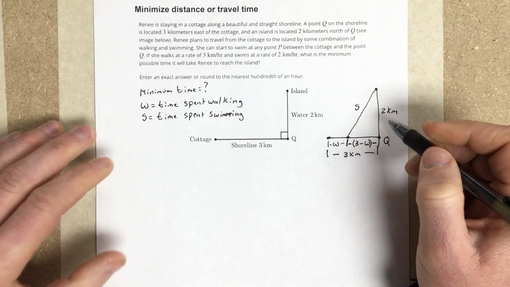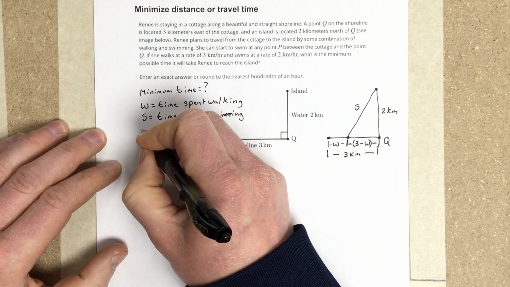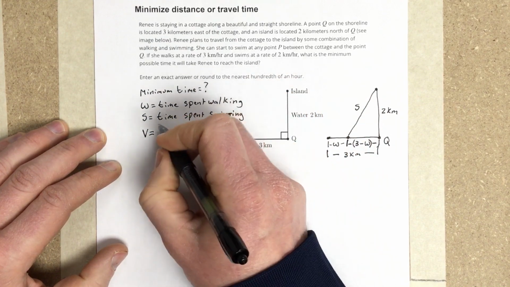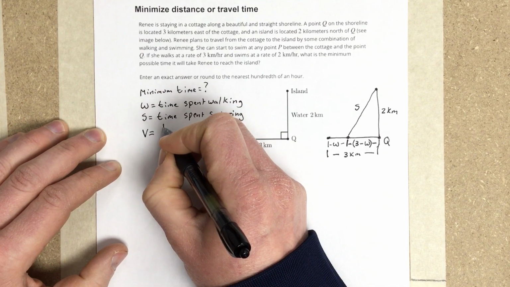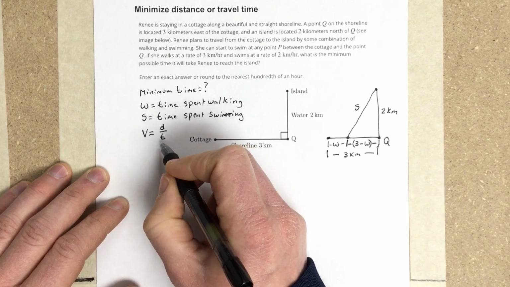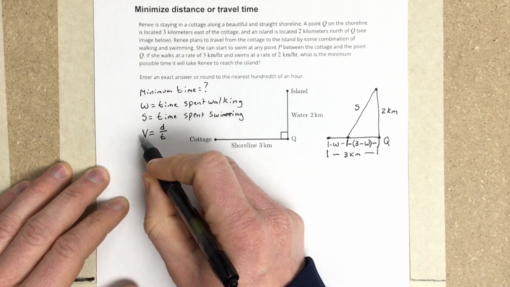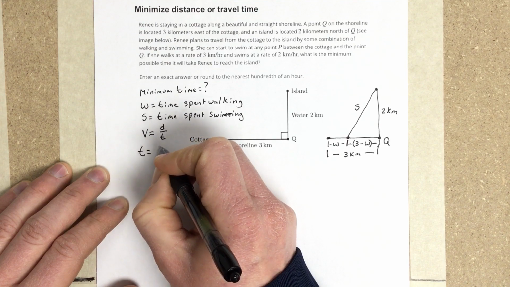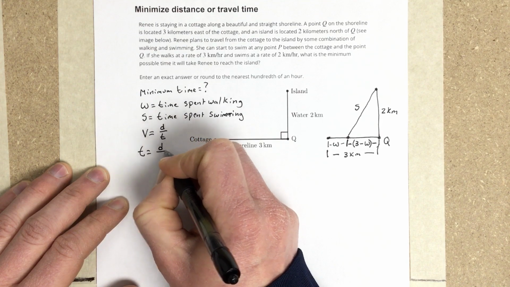So this gives you a little better description of what's happening in the problem. Now, we need to state that, because they give us velocities here, velocity is going to be distance divided by time. So in our case, we want to rewrite this by multiplying by time and dividing by v. So that means that we have time is actually distance divided by velocity.